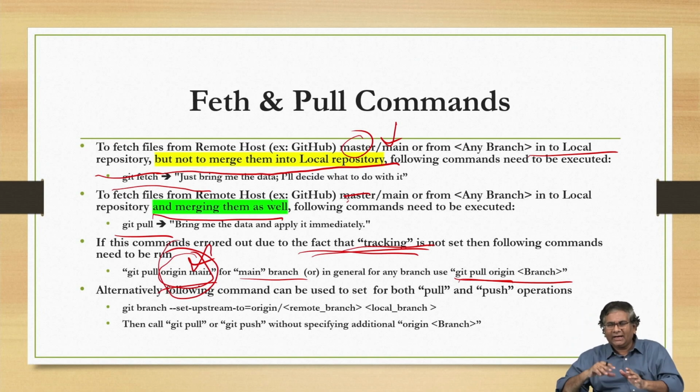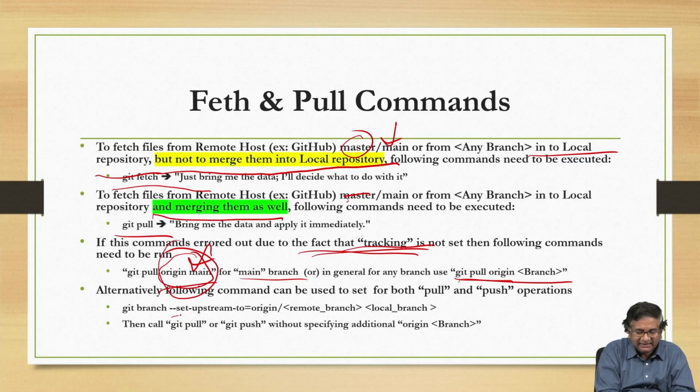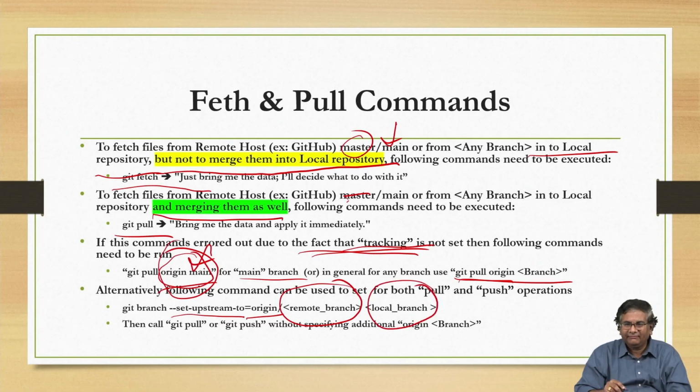I don't need to type origin main multiple times. The command for that is git branch --set-upstream-to, and then origin slash the branch name, and you specify the local branch name. If you don't specify, it is the branch you are currently in.